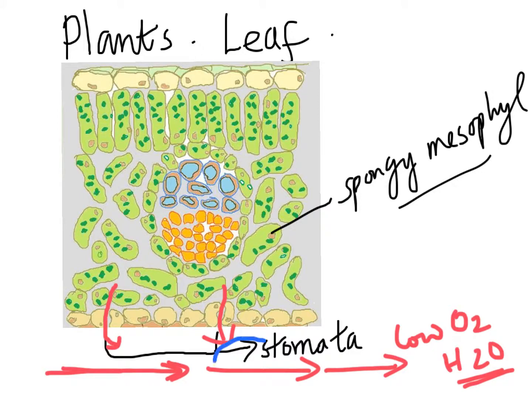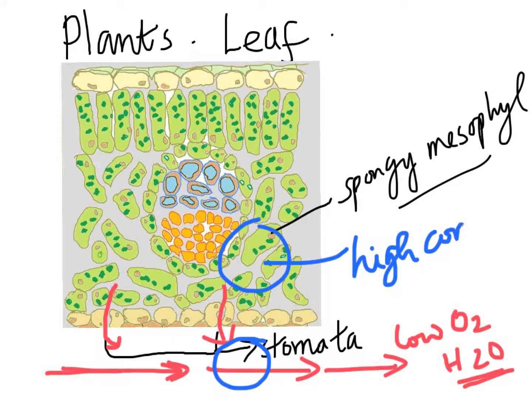So over here, there is a low concentration of water compared to inside the leaf, where there is a high concentration of water. The difference in concentration is high, and this happens on a dry day.